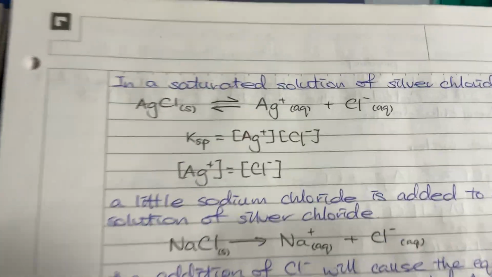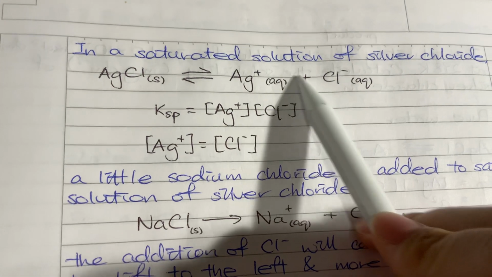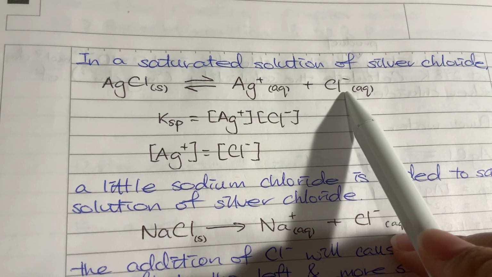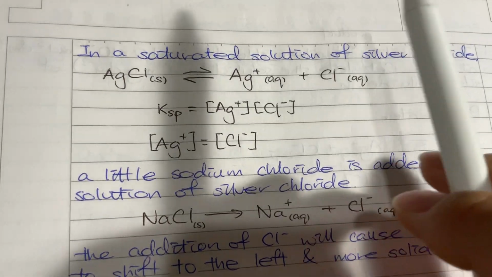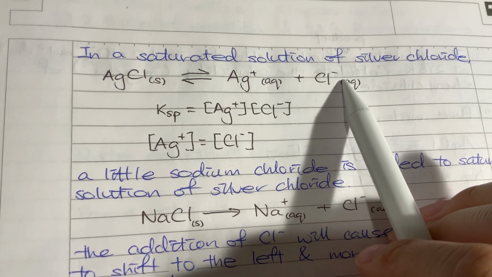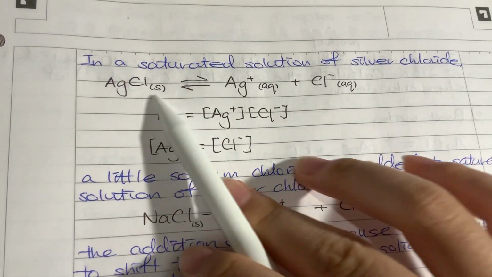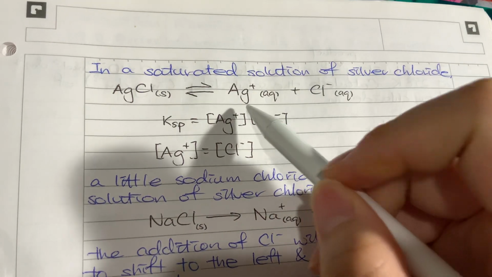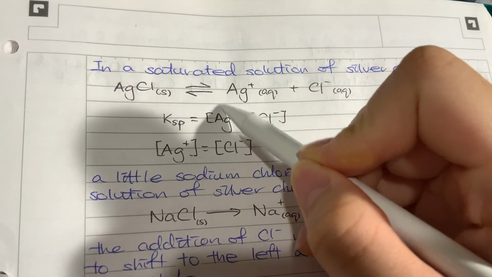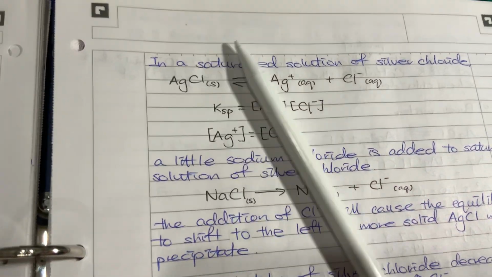So if I was to form more AgCl using Ag+ and Cl-, and now since I have more Cl-, I will have to form more AgCl, then that means my Ag+ and Cl- both have a decrease in concentration.